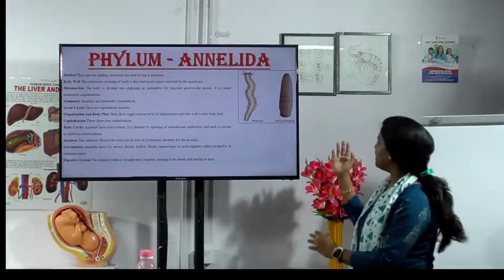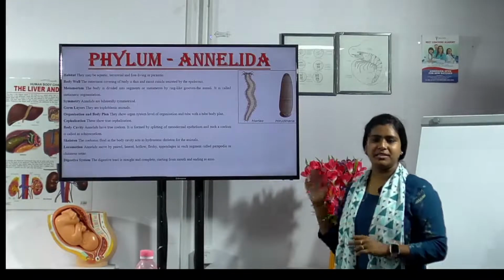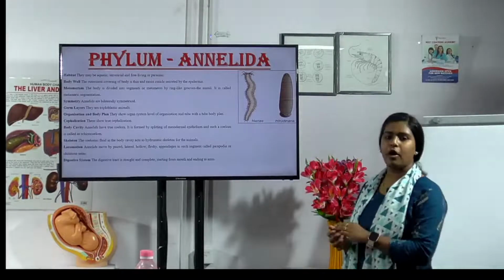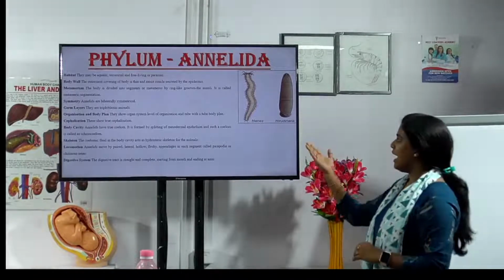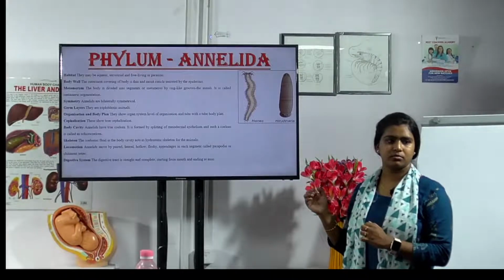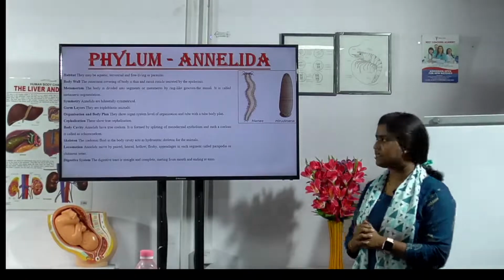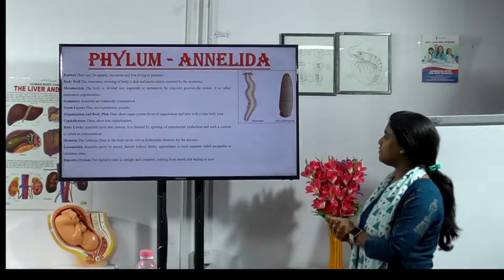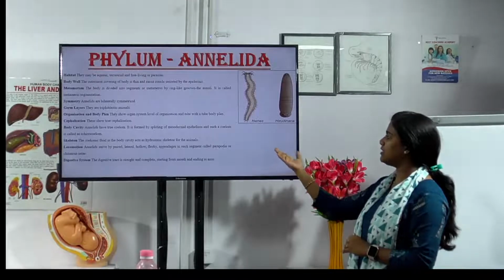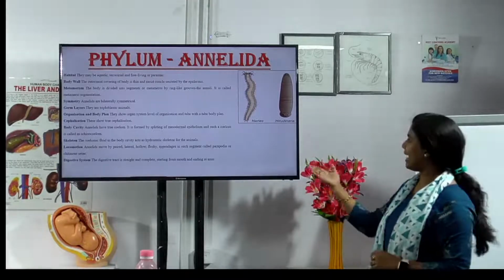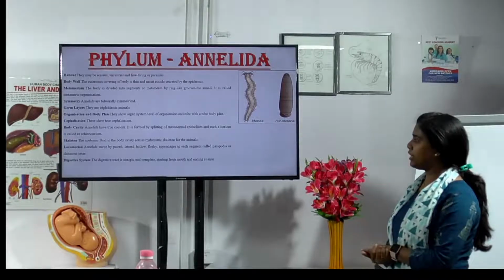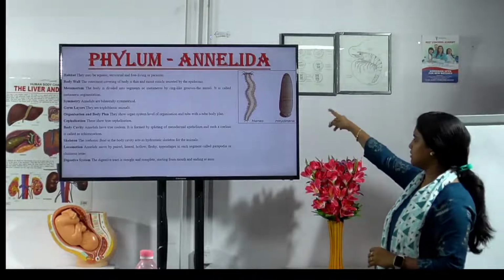Okay, Annelida. The germ layers are triploblastic, and the organization is organ system level. They have true cephalization. Skeleton is hydrostatic, and locomotion is by paired lateral hollow fleshy appendages in the segments called parapodia, or chitinous setae.